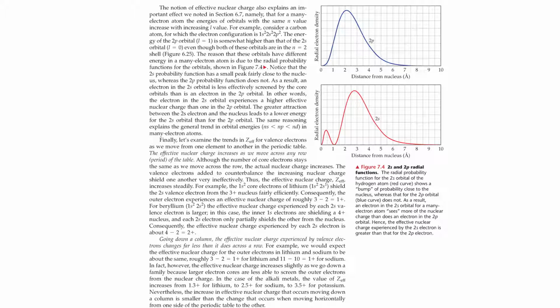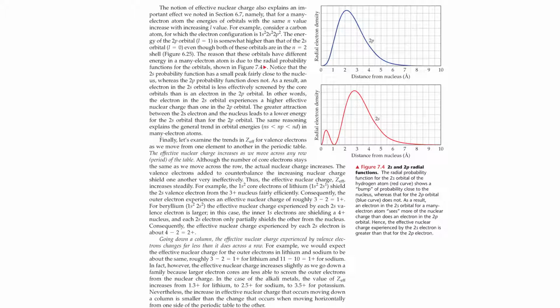In other words, the electron in the 2s orbital experiences a higher effective nuclear charge than one in the 2p orbital. The greater attraction between the 2s orbital and the nucleus leads to a lower energy for the 2s orbital than for the 2p orbital. The same reasoning explains the general trend in orbital energies of ns is less than np is less than nd in a many-electron atom.